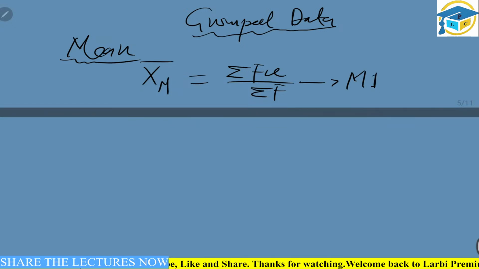What is method 2 about? Method 2 is where we assume the value of the mean. Remember, if you are making an assumption, it is possible to make deviations, because you are not sure whether the assumption you are making is true or not. So assumption comes with deviation. It can be true or it can be false.